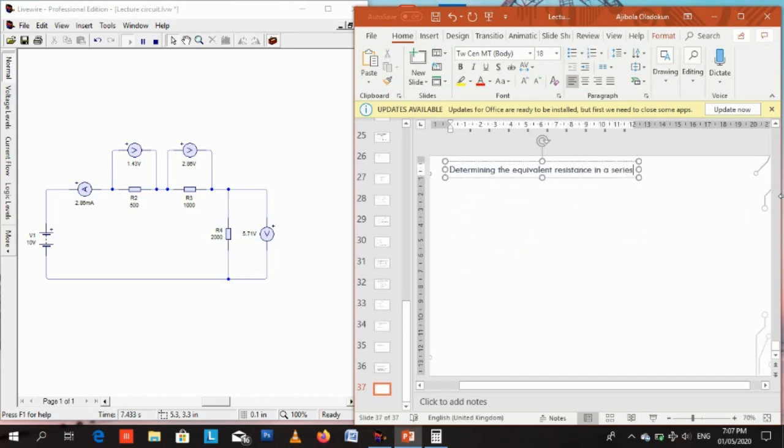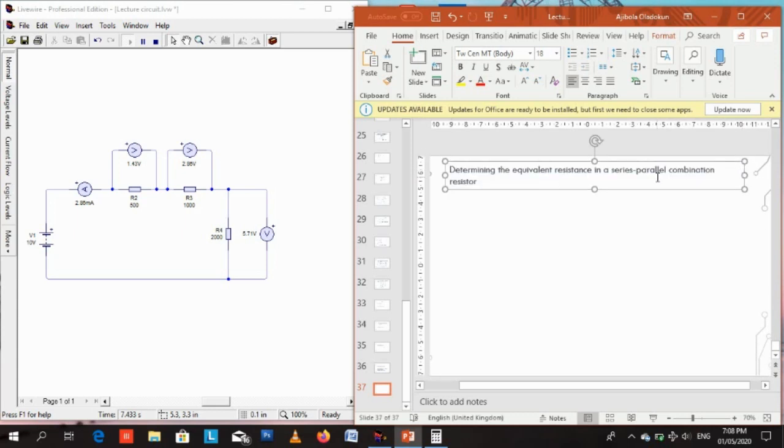So, determining the equivalent resistance in a series-parallel combination resistor circuit. Now we are about to examine what will probably be the last major concept in this module.